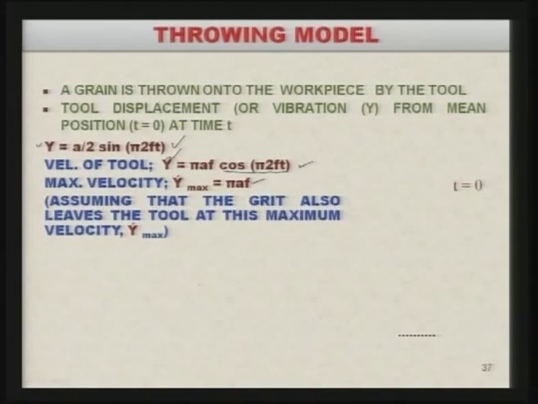It is assumed that with whatever velocity the tool is moving downward, with the same velocity the abrasive particle is also moving towards the workpiece. However, it is not very true, it is not realistic, because when the abrasive particle moves through the slurry, it will hit other abrasive particles, it will pass through the carrying medium, that is water in this particular case.